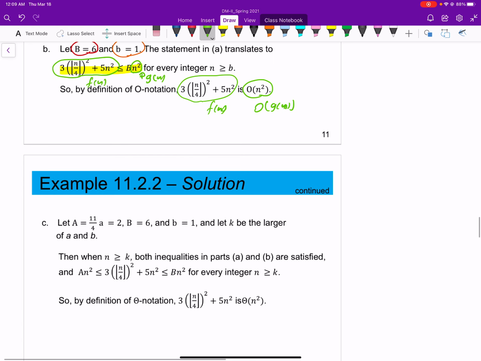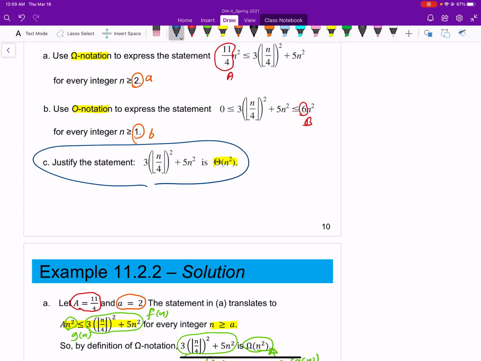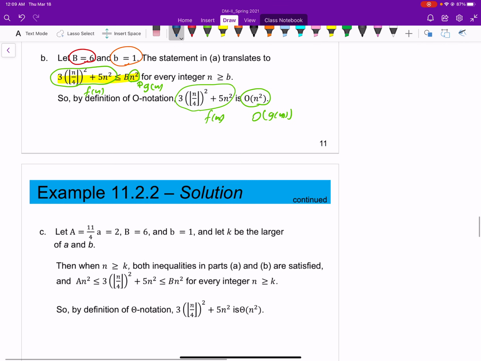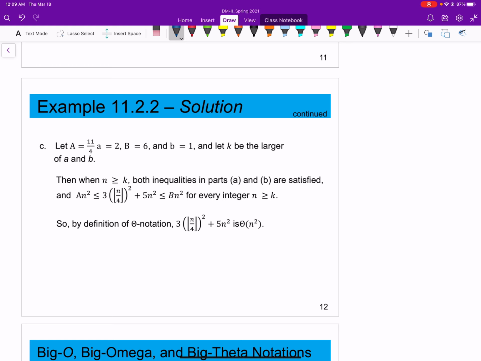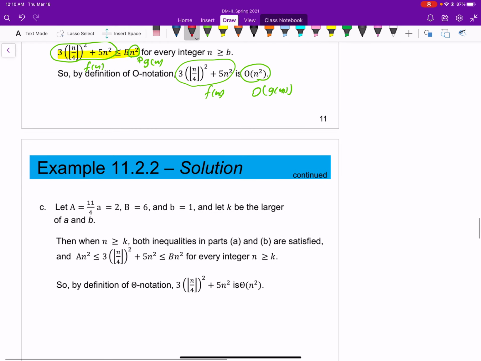Okay, let's move to part C. In part C, you have to justify this condition. We have already shown that uppercase A is this, lowercase a is that, and B is this, lowercase b is that. Let me mark with the same colors: I use red for uppercase A and B, that is that, lowercase a, lowercase b.